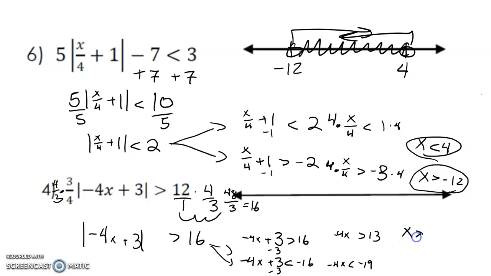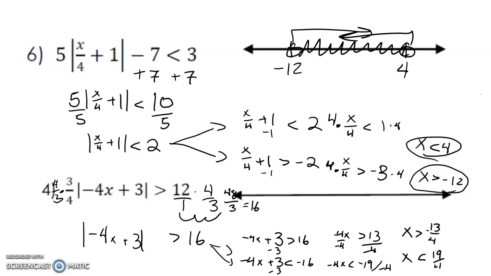Divide, you got x is greater than 13 over 4. It's going to be negative because it's divided by the negative 4 on both sides. And then this one's going to be x is less than negative 19 divided by positive 4. Well, that just gets you positive 19 over 4.